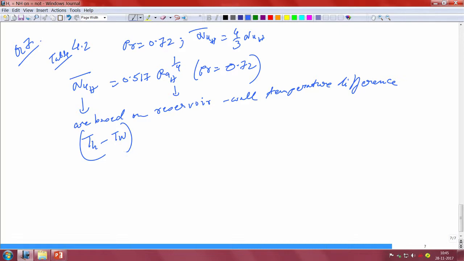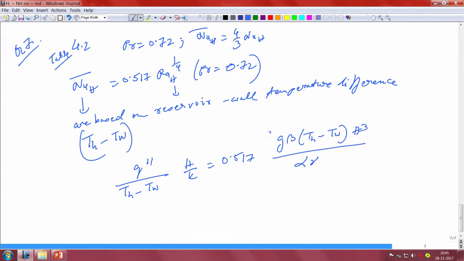So q'' (TH minus TW) H by k is given by 0.517 [g beta (TH minus TW) H cubed divided by alpha gamma] raised to the power of 1/4.